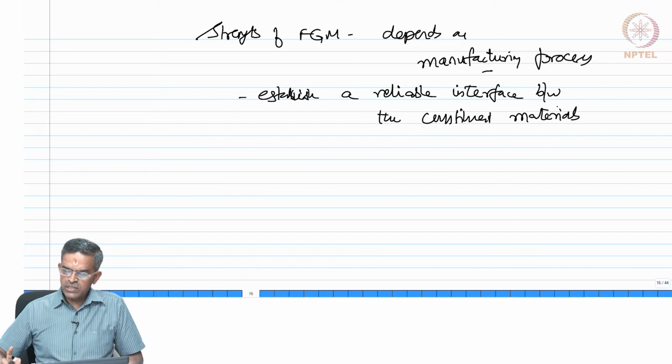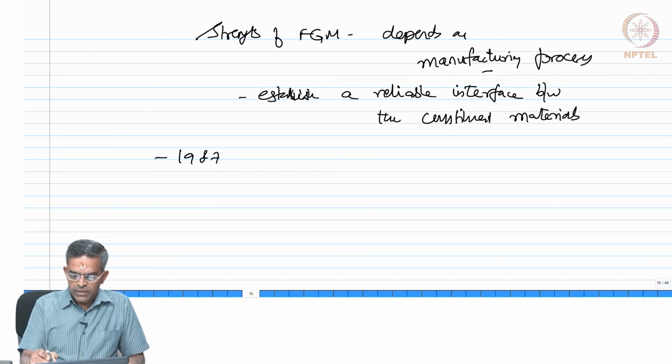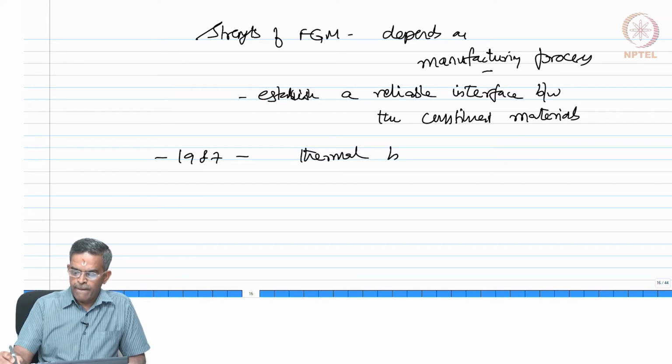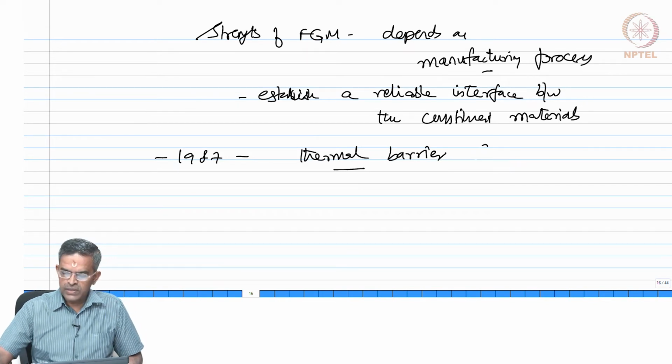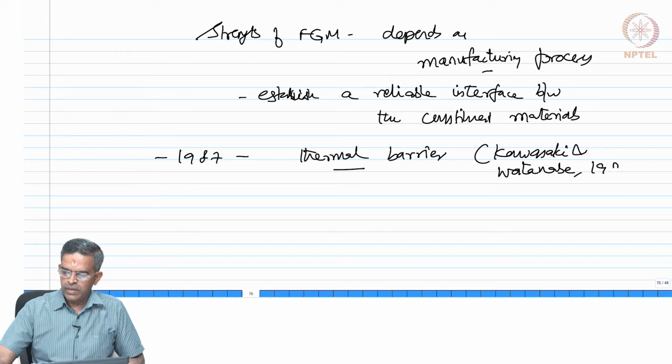The first application of FGM was tried in the year 1987. It was used as a thermal barrier, not as a construction material. This was done by Kawasaki and Watanabe in the year 1987.